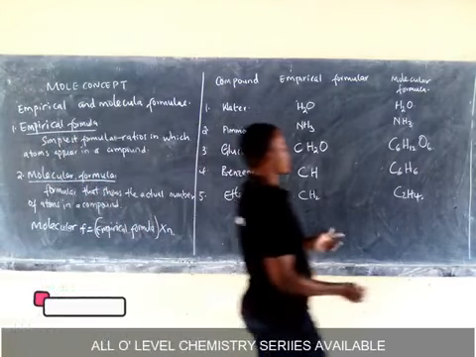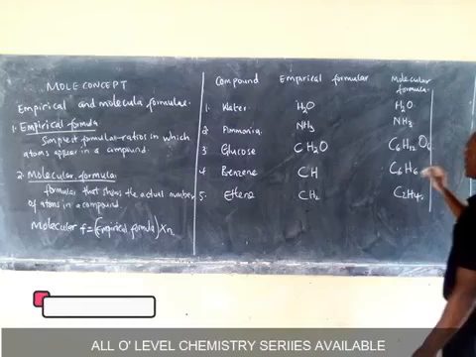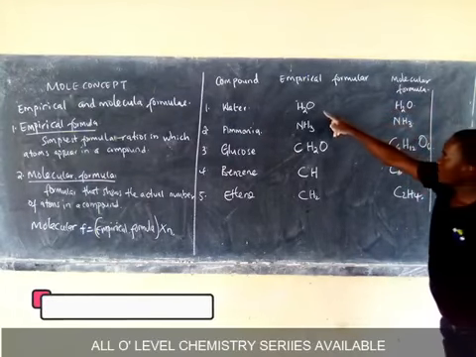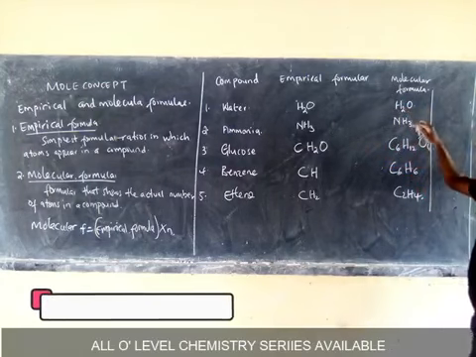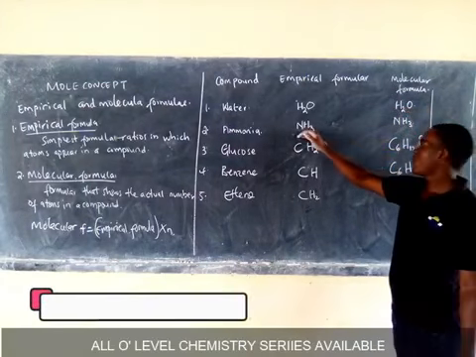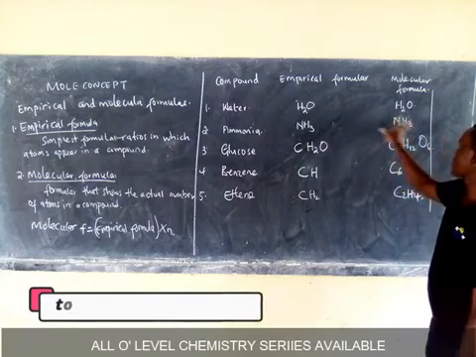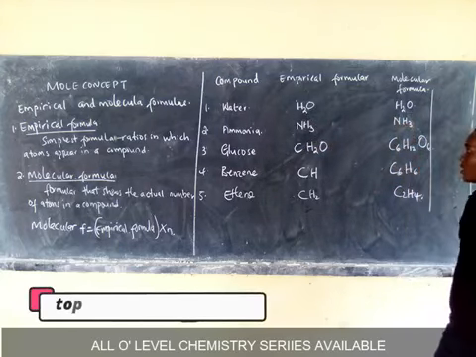Now for this case, look at this. The empirical formula here is H2O. So the value of n is 1. That's why we have this. The empirical formula here is NH2. The value of n is also 1. That's why we have the same empirical and molecular formula.